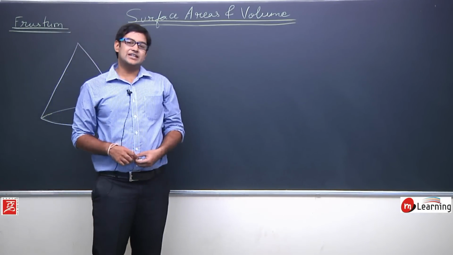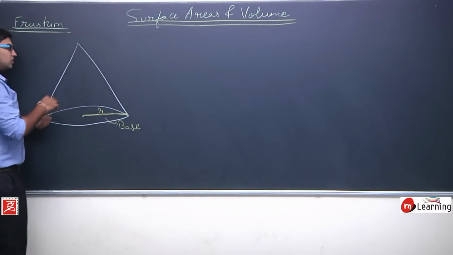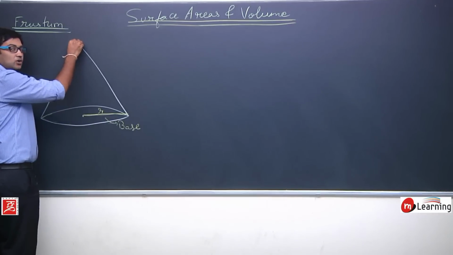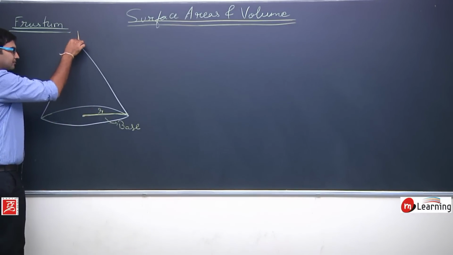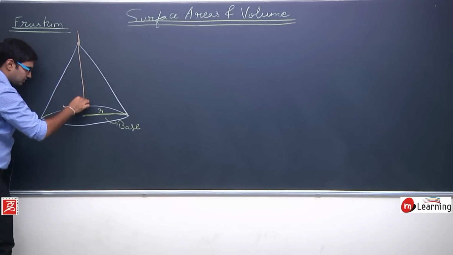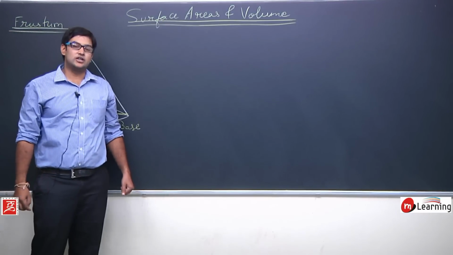Now, as I have said that this is a right circular cone, it means the line joining the apex of this cone to the center of the base is perpendicular to the horizontal.